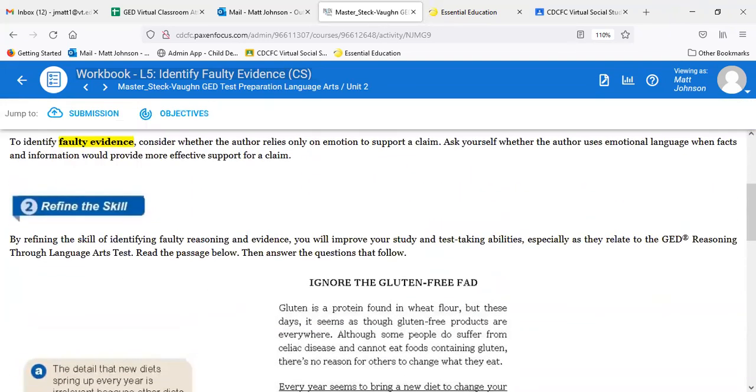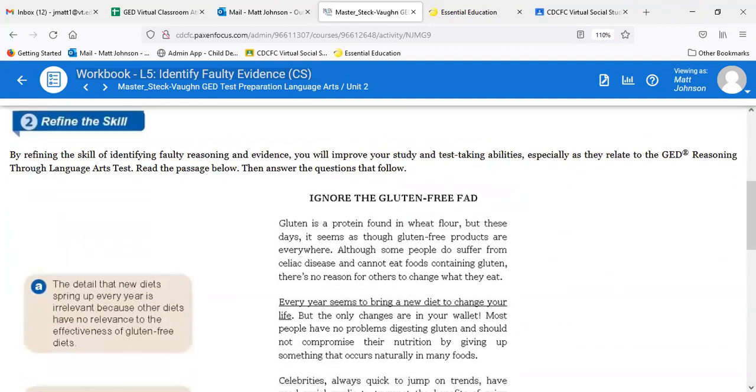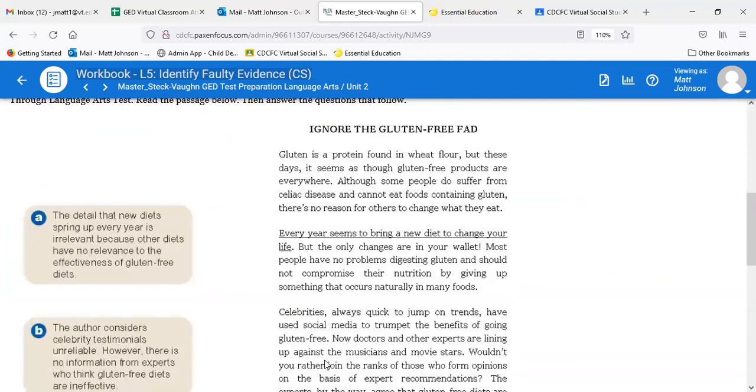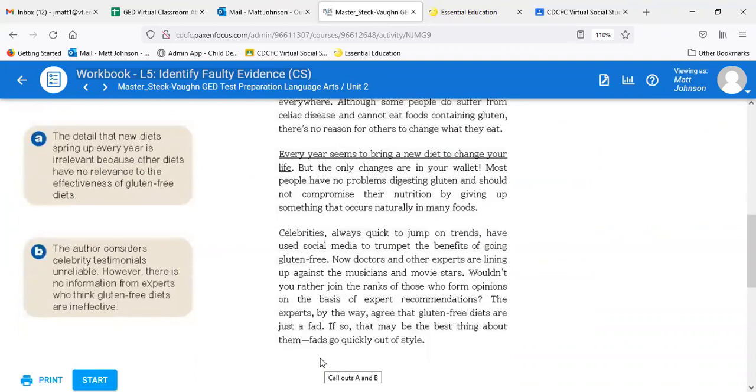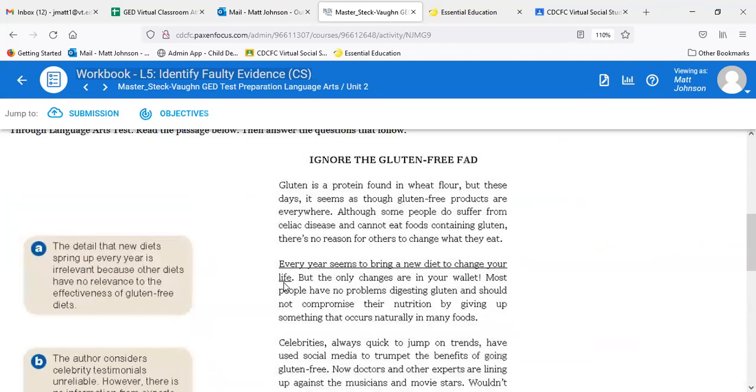And so a little more on gluten. So ignore the gluten-free fad. So looking at our title, we know that this is going to be something that sort of rebukes the fad towards going gluten-free. So let's see what it says here. Gluten is a protein found in wheat flour, but these days it seems as though gluten-free products are everywhere.